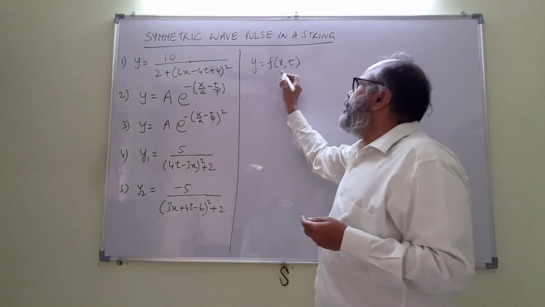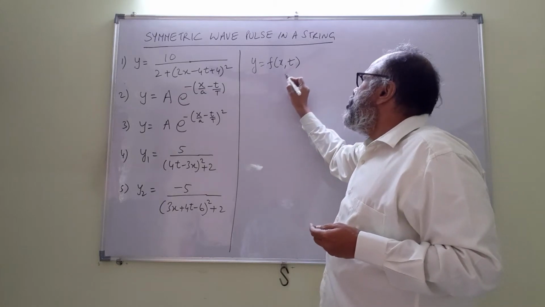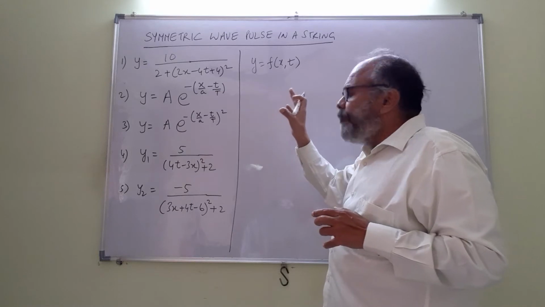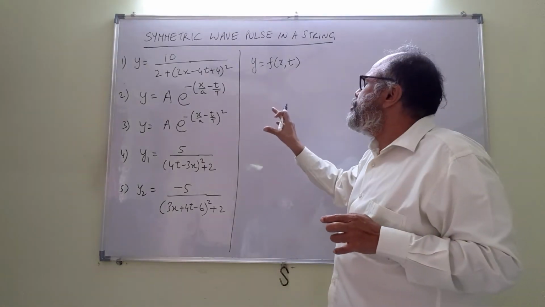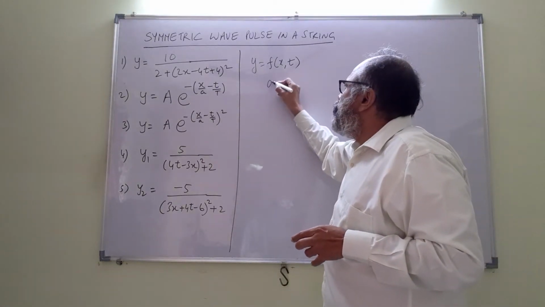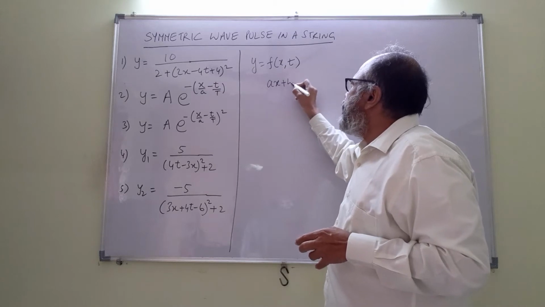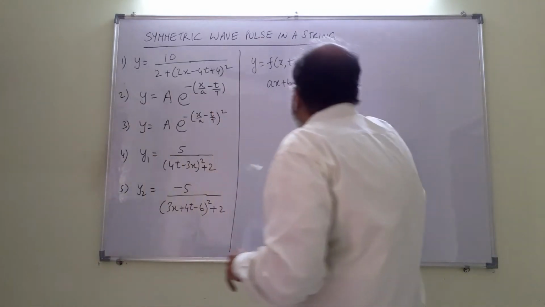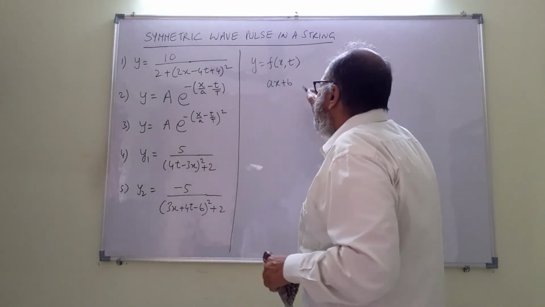So now you find that y is a function of x and t, but x and t figure in the equation in a very special way. You will find that it is something like ax plus bt plus c. It's always of this form.